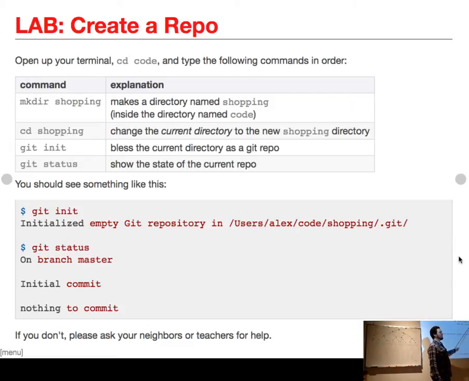And that's going to create all of the files that Git needs in order to start tracking anything that you change inside of this shopping directory. Okay? And then lastly, once you've done git init, type git space status and see what it tells you. I'll give you a minute to fill those in, and then I'm going to see where people are at. And I'm going to do the same thing right now.